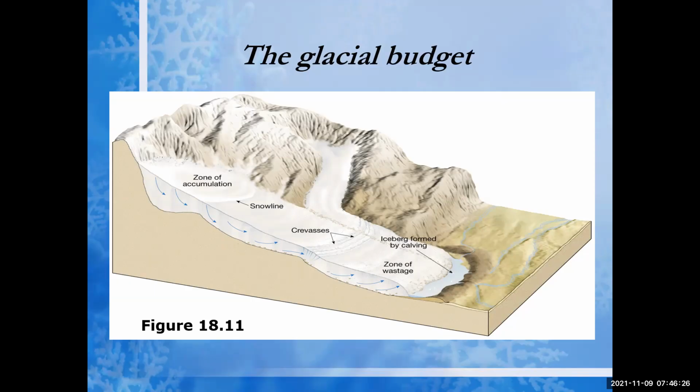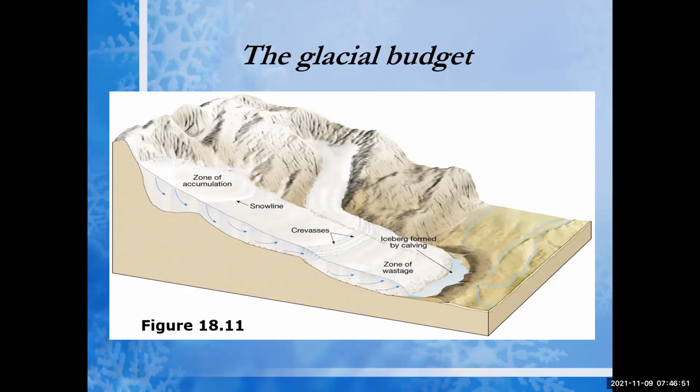So let's think about that for a minute. What can impact either accumulation or wastage? Well, the rate of accumulation is going to be dictated by how much snow is falling in those areas and how much of it is sticking around throughout the year. That is, where is that snow line, and what's the size of that zone of accumulation?